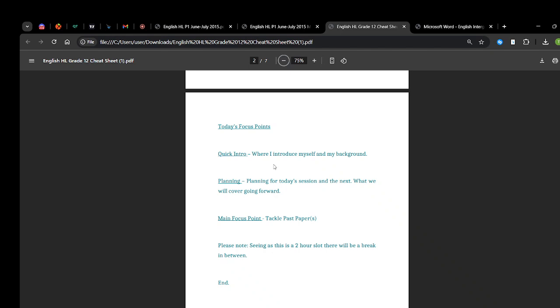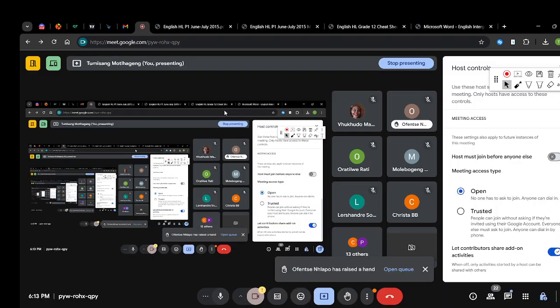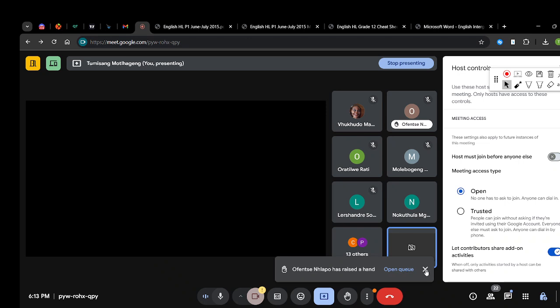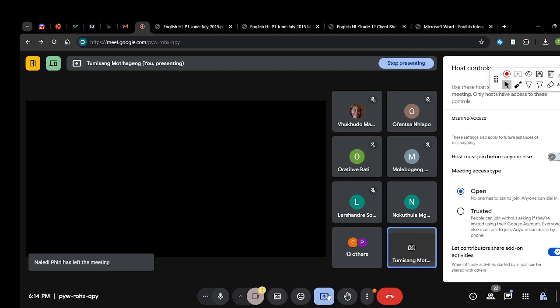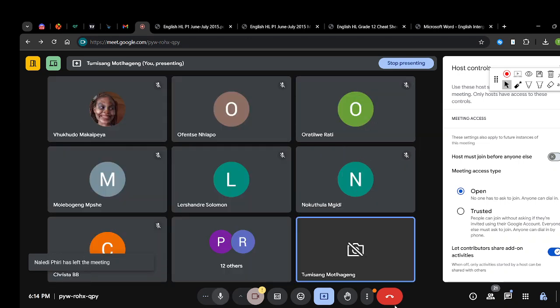Sir, we can't see the screen. Okay, let me do this. Thank you for letting me know, guys. You know how we do it this side. If you have a problem or you can't see, just shout, then we can sort it out, because we have had some screen sharing issues. I think we'll have to look into why that happens. I think now it stops sharing my screen. Let's try sharing the screen again.